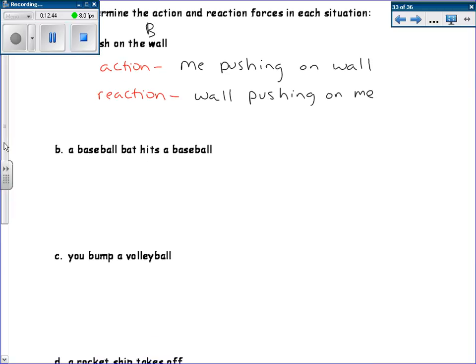A baseball bat hits a baseball. Okay, that's similar to the gun one. You do feel it with the baseball bat a little bit. So if we call the bat A and the ball B, then the action force would be the bat on the ball, and the reaction force will be the baseball on the bat.